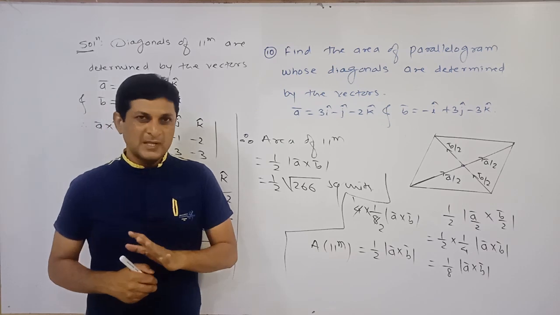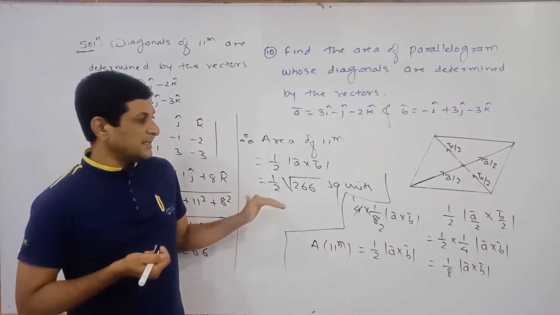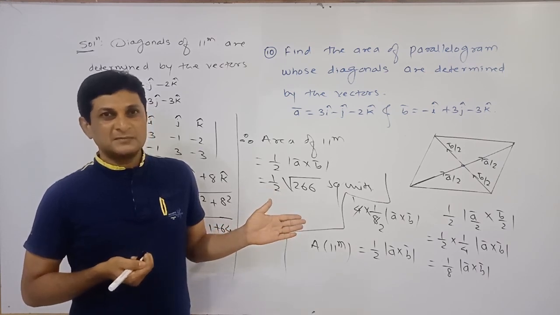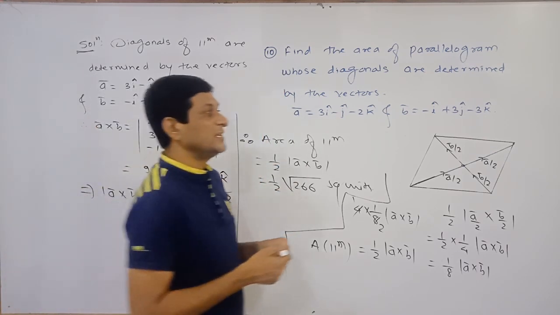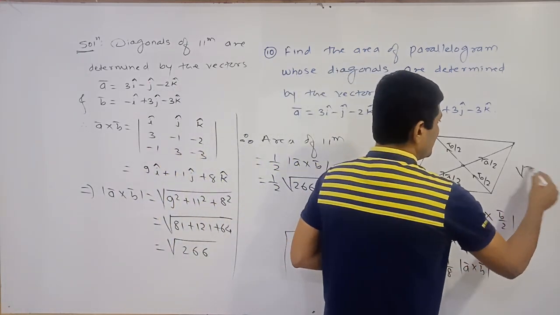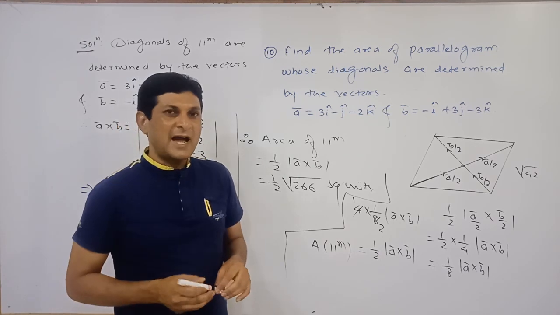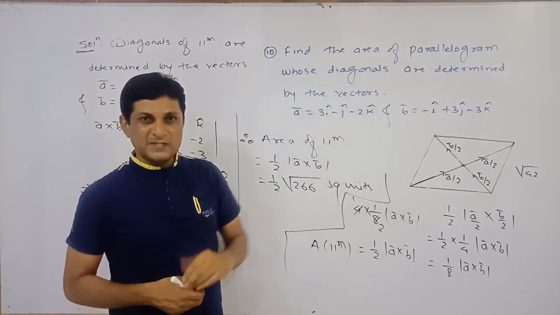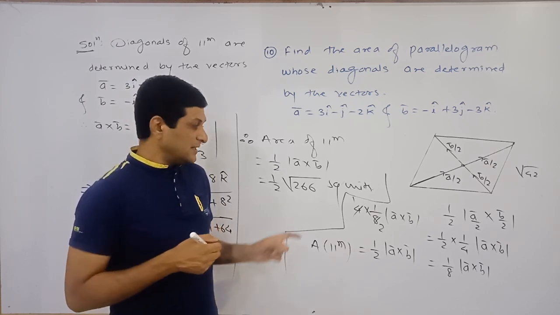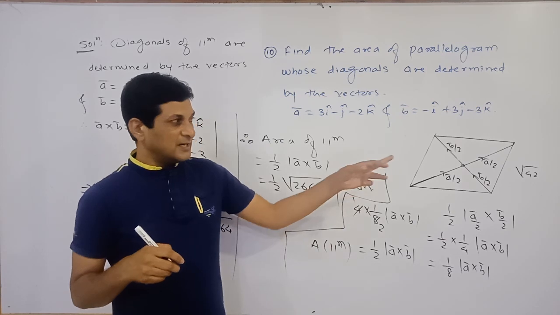But the answer to this question number 10 is given as what? Square root 42. Square root 42 is not possible here. Either there is a mistake in this example, or there may be a mistake in the answer given on the last page, that is square root 42.